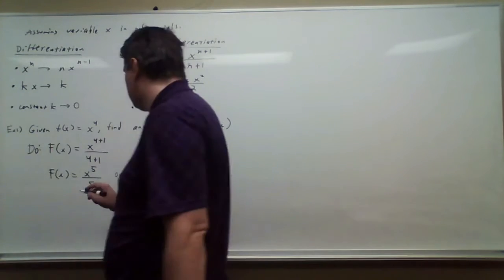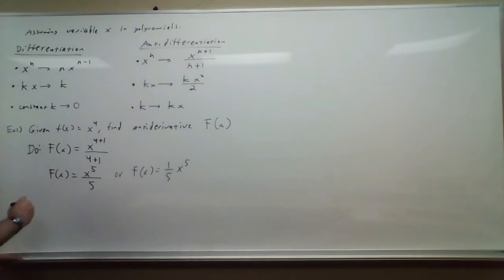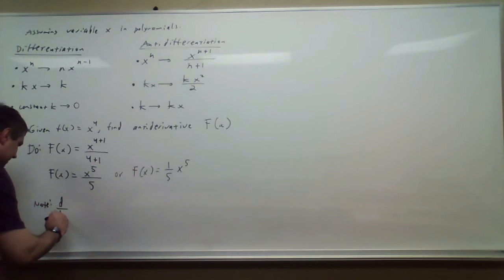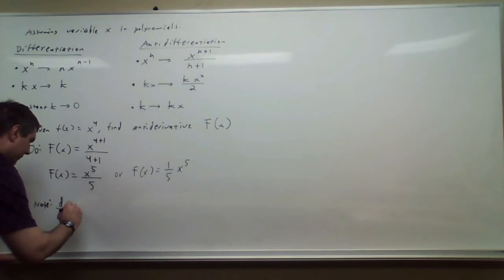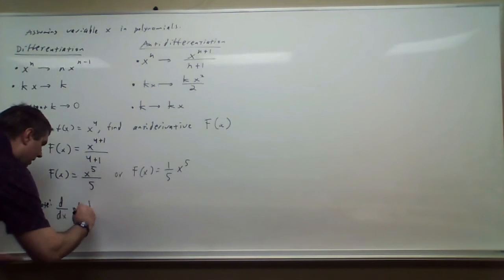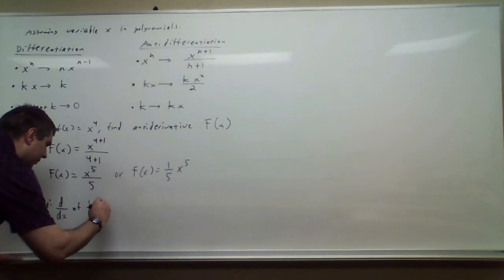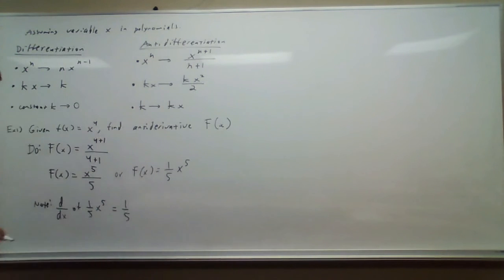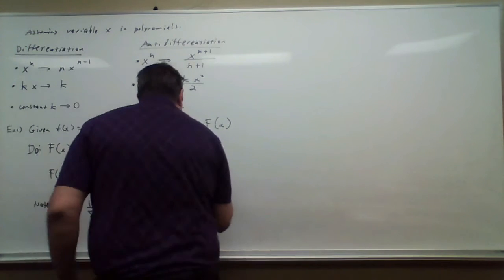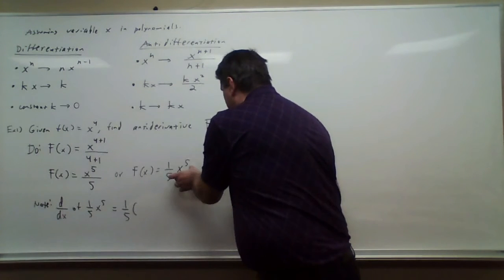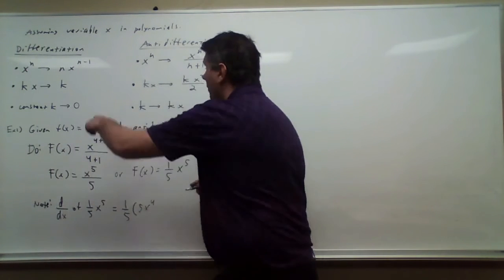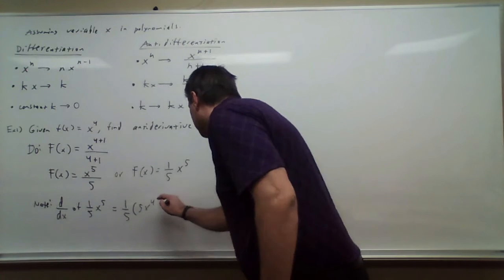Note, now we're going to differentiate. Note, d dx of 1/5 x to the 5th equals 1/5 times the derivative of x to the 5th, which would be 5 x to the 4th following the differentiation rule.